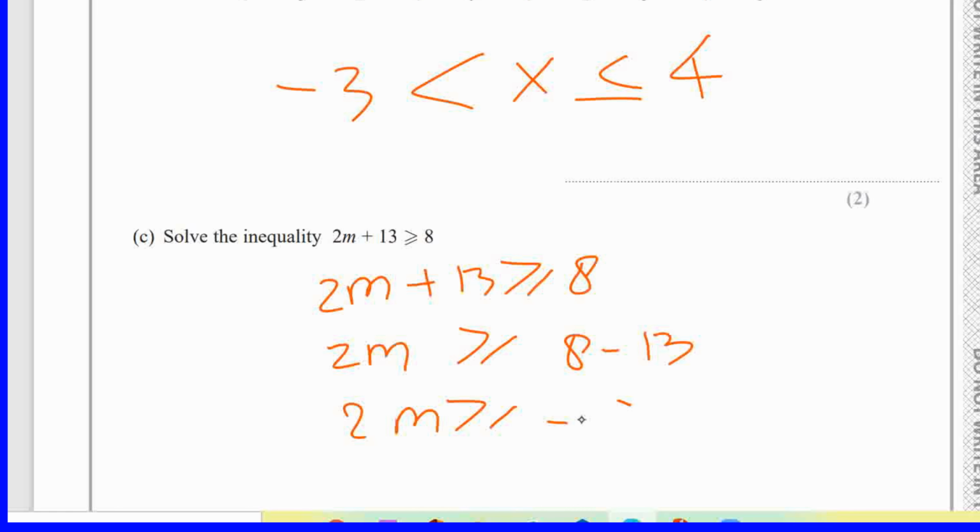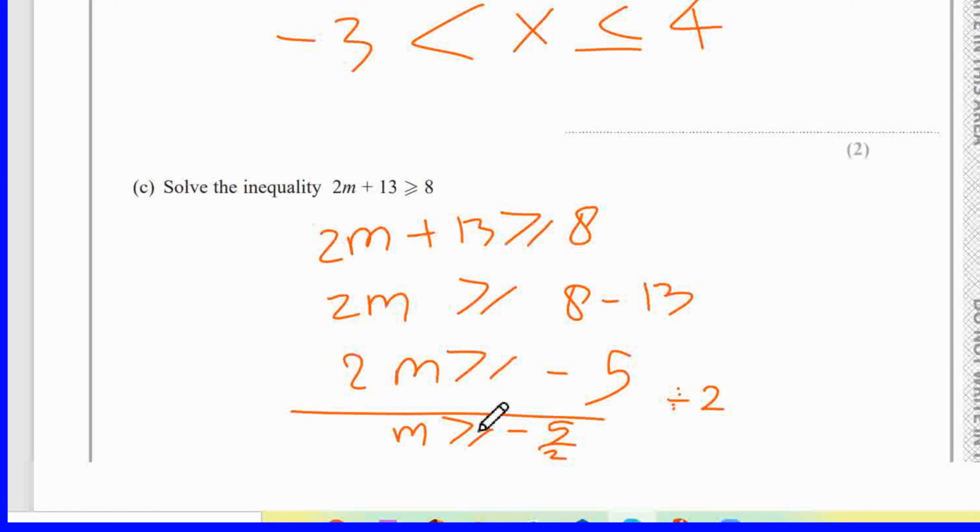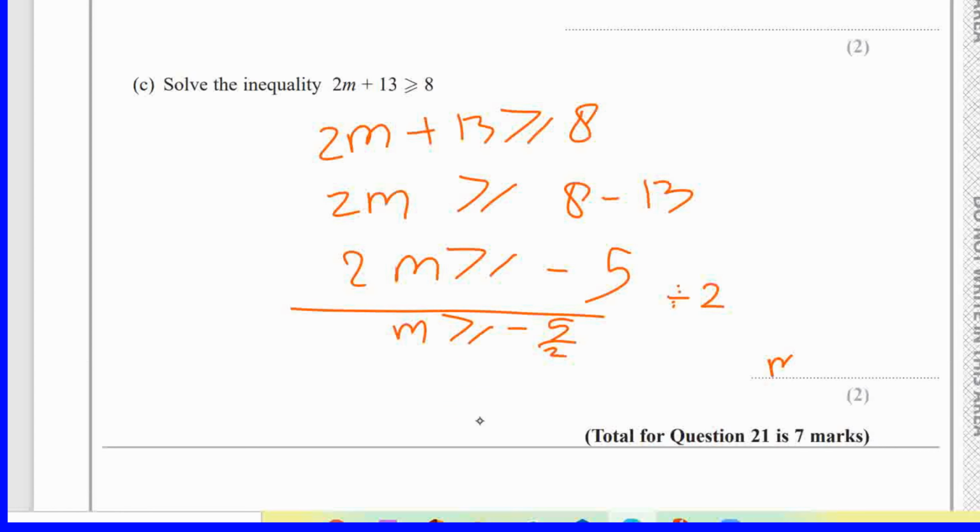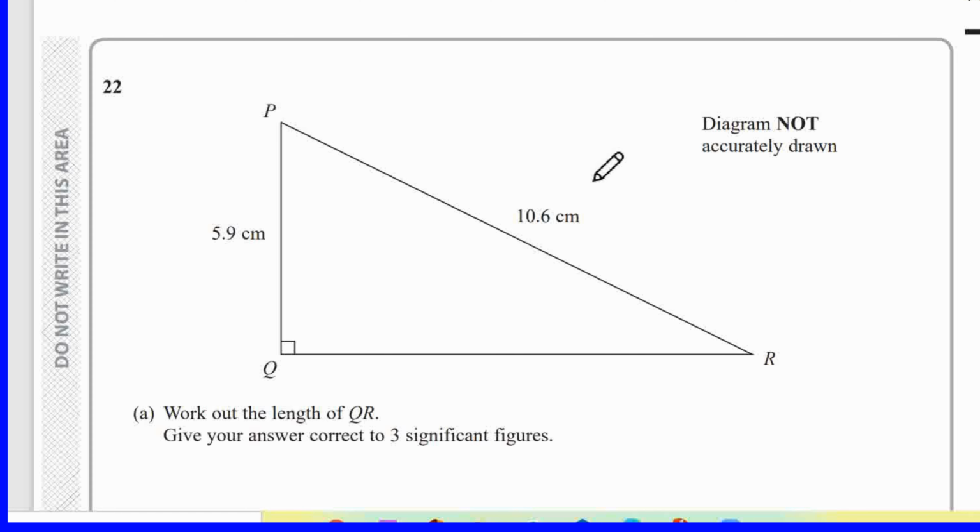We have 8 minus 13 is minus 5. So how to cancel out 2? We divide both sides by 2. So this will be divided by 2, will be only m, and minus 5 over 2. So m is less than or equal to minus 5 over 2. Now let's see number 22.